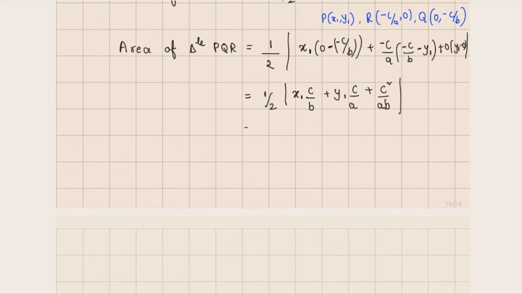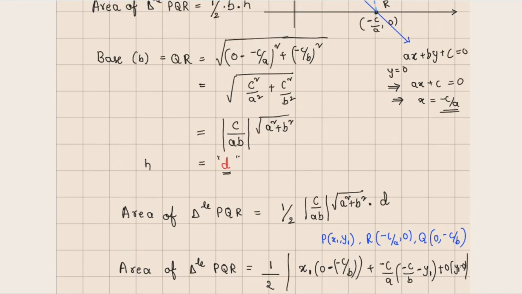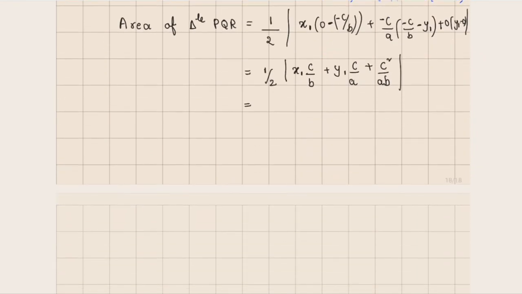Now, if you take c by ab outside, because we have taken it for this area, just to simplify, half into modulus of c by ab into modulus of, if you take c by ab common, you get ax1 plus by1.